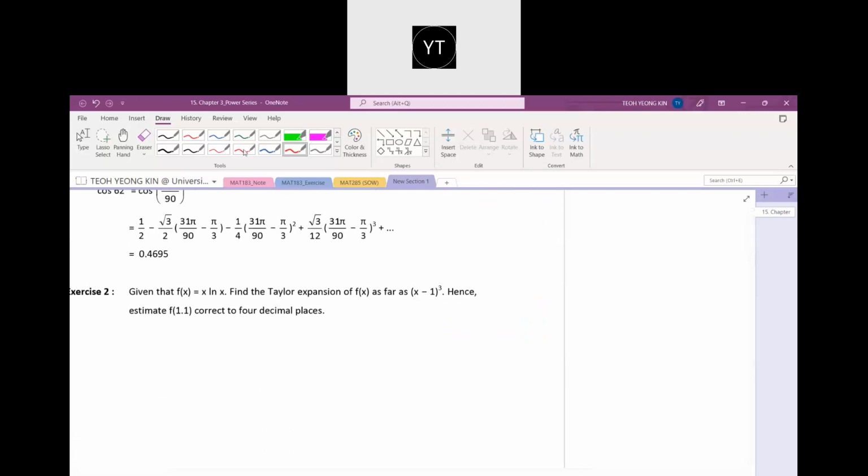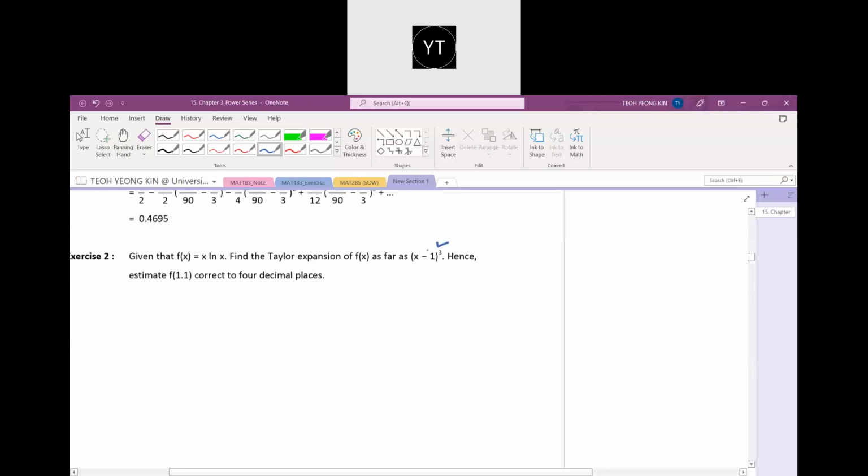If you look at this example: given that f(x) is x ln x, find the Taylor expansion of f(x) as far as (x minus 1) to the power of 3. Hence, estimate the value of 1.1. Like I mentioned before, as far as x minus 1, in this case I let x minus 1 equal to 0. x is 1. In other words, our a is equal to 1.